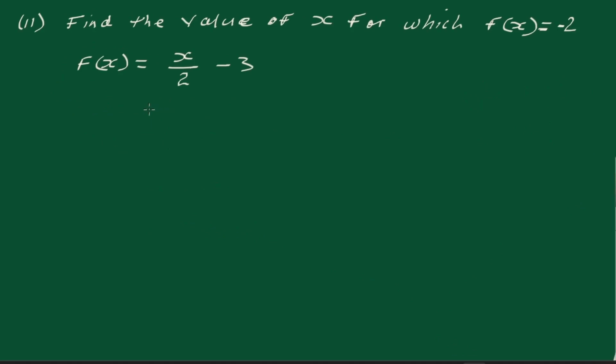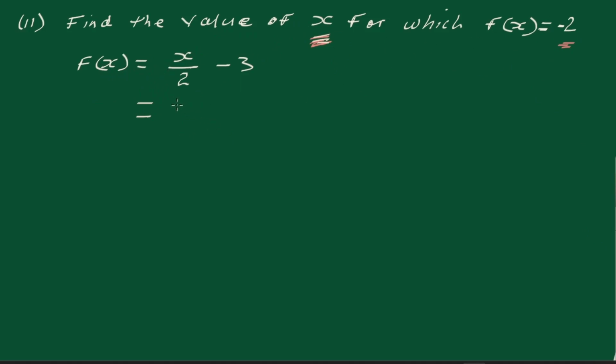Looking at the other question here, we have find the value of x for which f of x equals negative 2. So find the value of x for which f of x equals negative 2. In this situation, what they are telling us is we have the function, and the output of the function is negative 2.